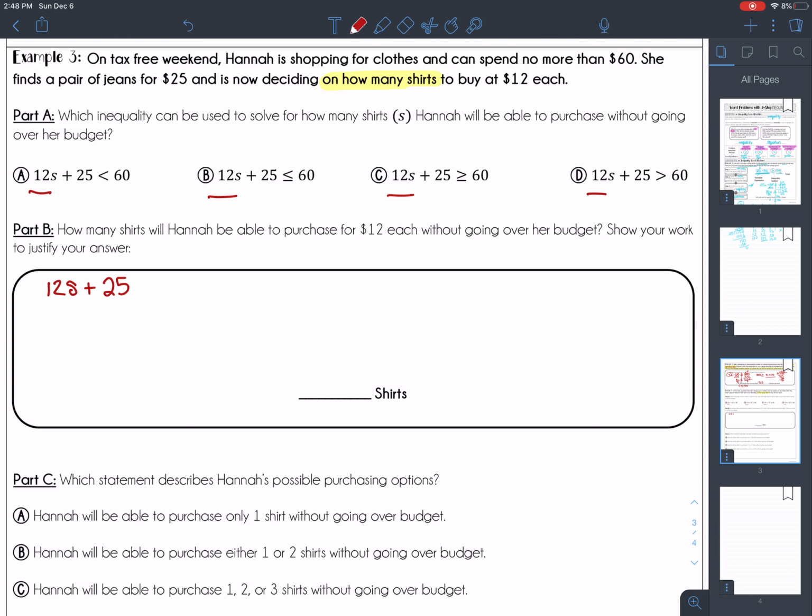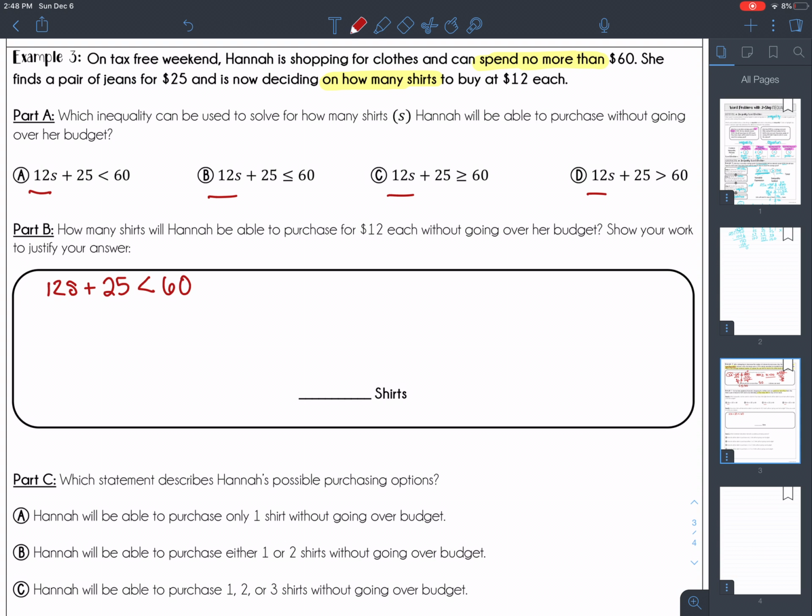So this is the amount of money she's spending, right? This is her bill. And we want to make sure it is no more than $60. So our total is $60. And do we want the money she spends to be smaller or bigger than $60? We want it to be smaller, so it needs to be smaller than.